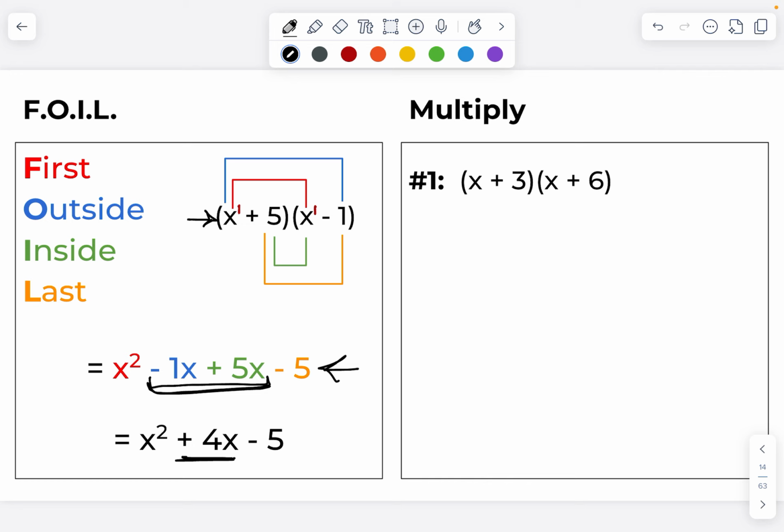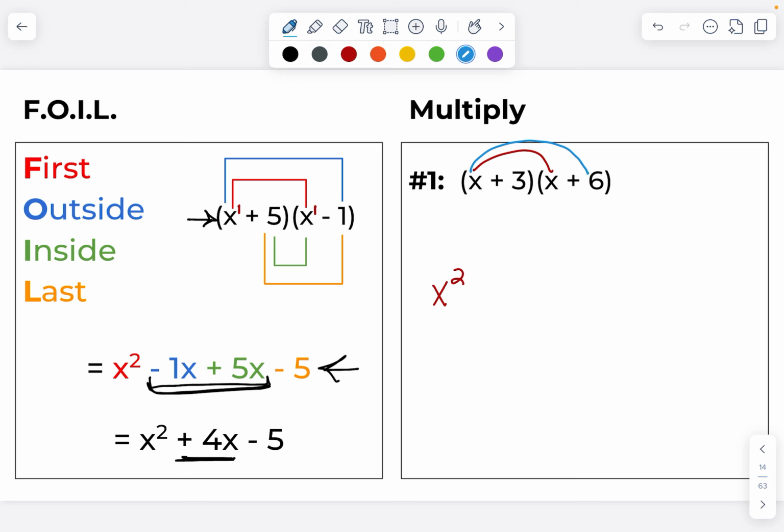We're going to take what we just learned and apply that to the next problem. For this problem, we'll start by doing our first term times our first term. So x times x is going to give me x squared. Then I'm going to do my outside times outside.